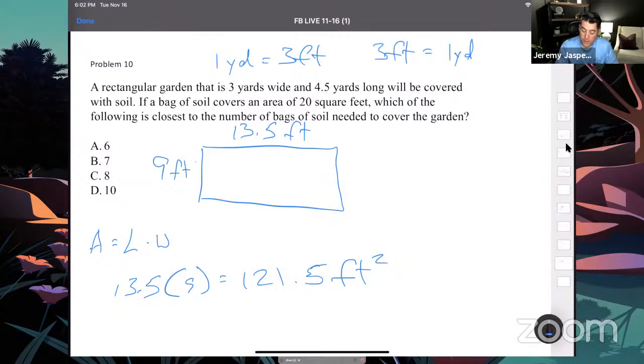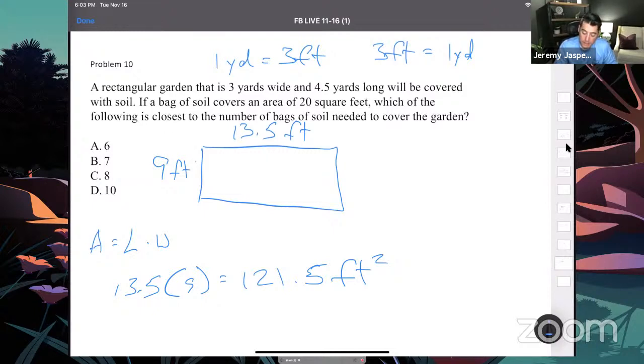But because I'm now doing 3 times 4.5, I've taken it to another dimension. So 2 dimensions means you have to square it. That's why you get square feet. It's not worth getting into. Just know, always convert your dimensions before doing any area or volume. So I'm left with 121.5 feet squared.